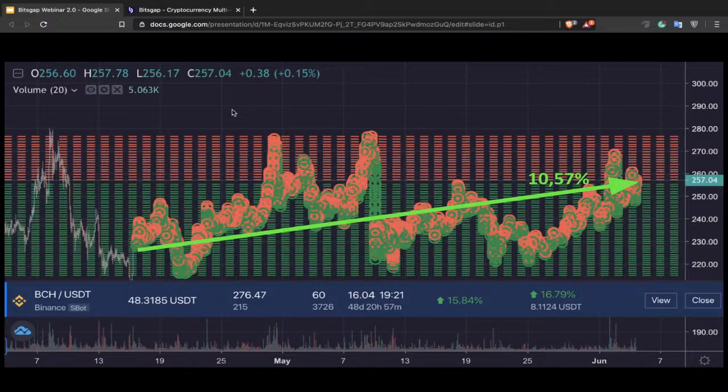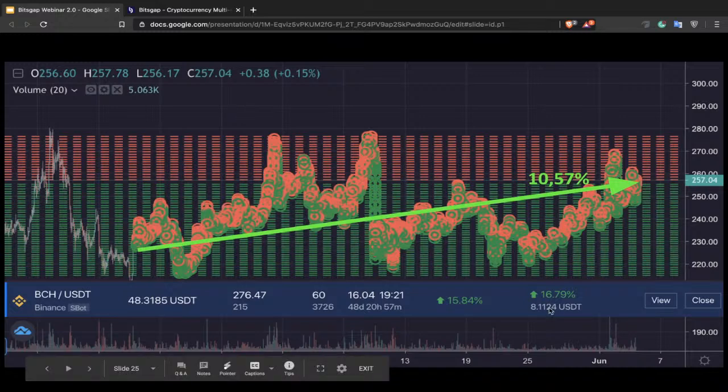So if you would simply buy BNB at that point, at that price, and then you would wait until the current price, your investment change, your profit would only be 10.57%. All right. But as we have an automated trading strategy on, in this case SBot, it has managed to generate added value of 16%, which is in this case $8.